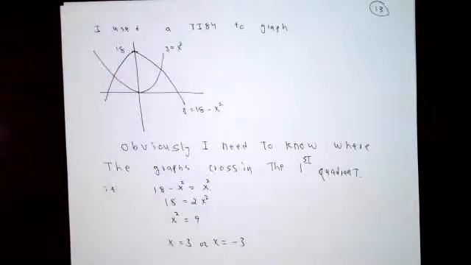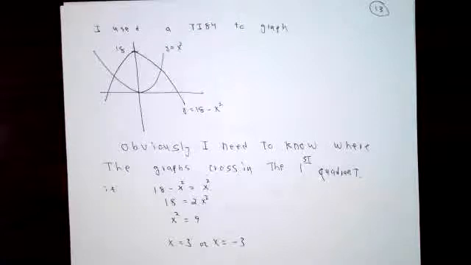I only care about the positive x coordinate of intersection. If you're at the intersection point, you have a certain x number, you put it into the two formulas, and you get the same y number back. So we're looking for places where 18 minus x squared equals x squared.